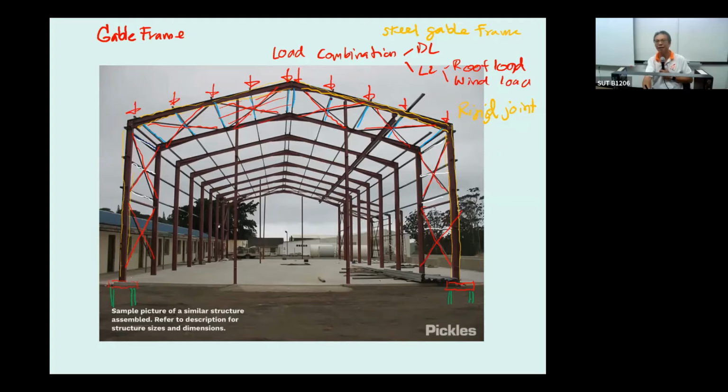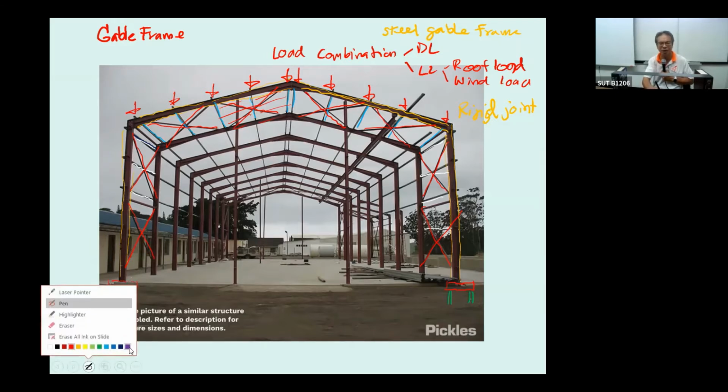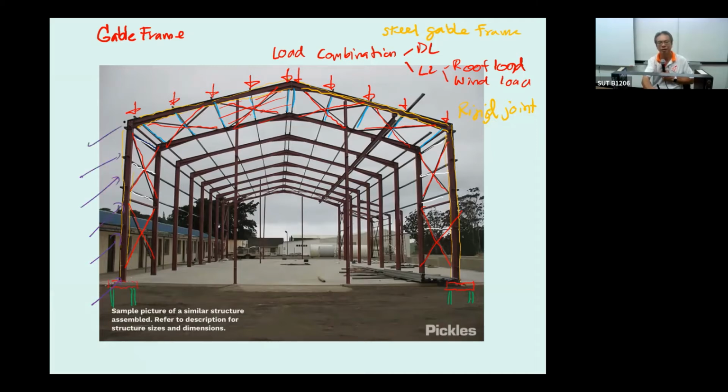And this step is not enough. There is the wind. The wind may blow in any direction. For example, if I assume the wind blows from this way, the structure is going to be pushed into it. That means the X bracing here is going to take care of that. And when you design the structure, there is also another wind that's going to blow along the side of the building.